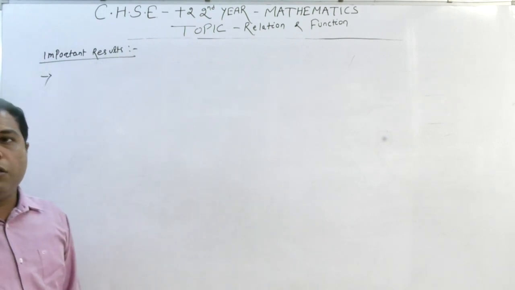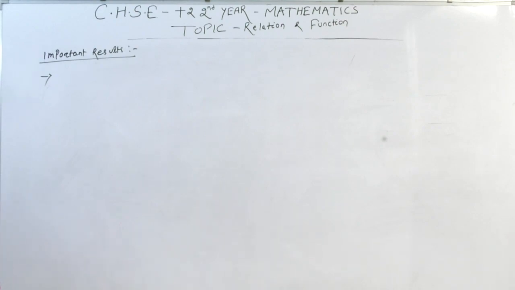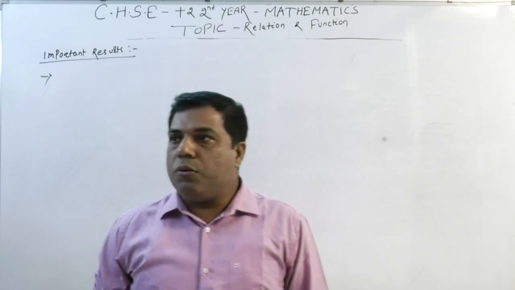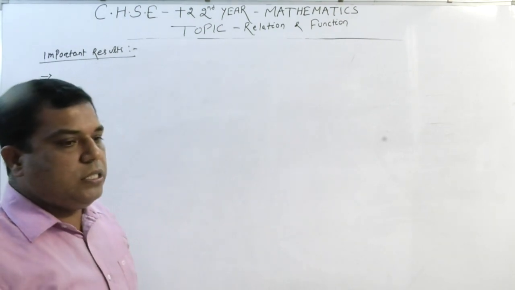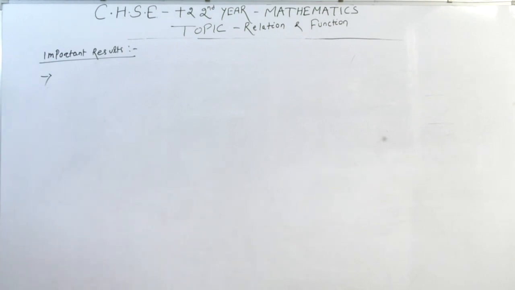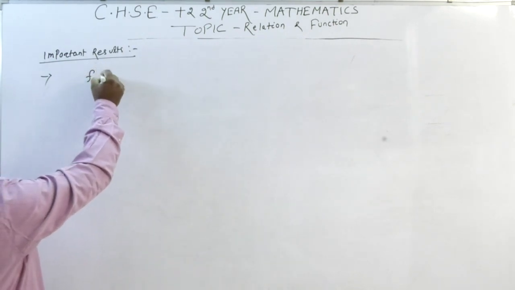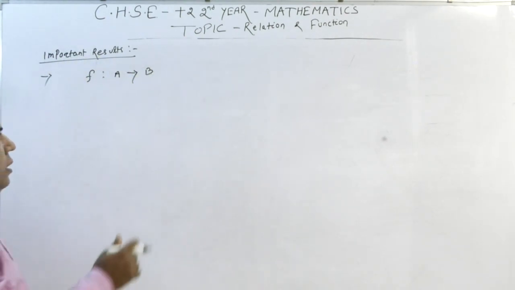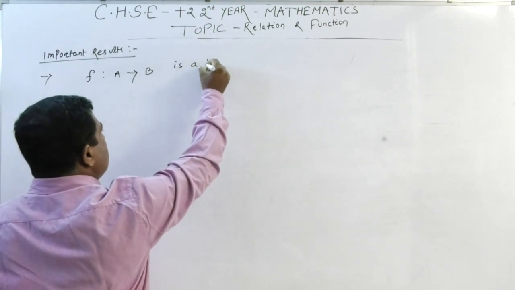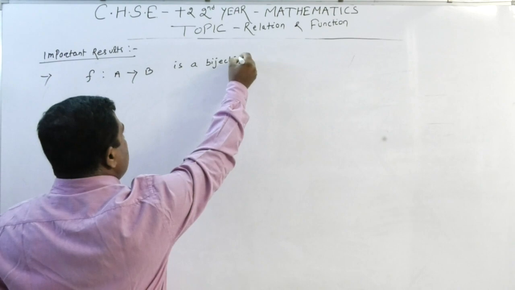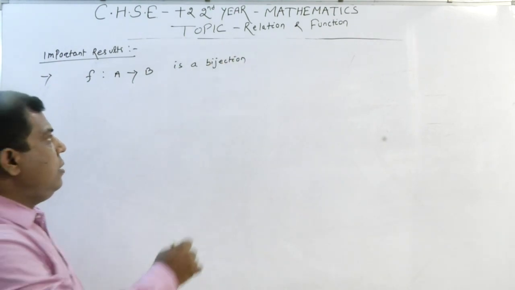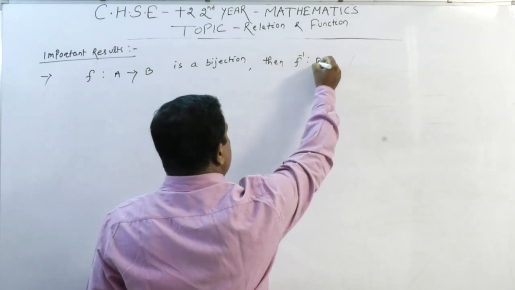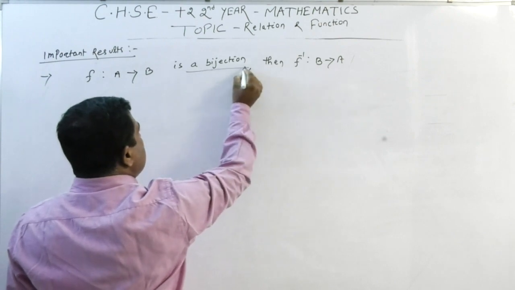So what are the results we can observe in our inverse functions? We are going to discuss them one by one. The first result, or the first important property, says: if f is a function defined from A to B and is a bijection, then f inverse, which is defined from B to A, is also a bijection.